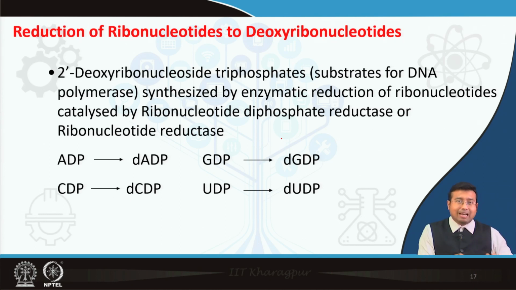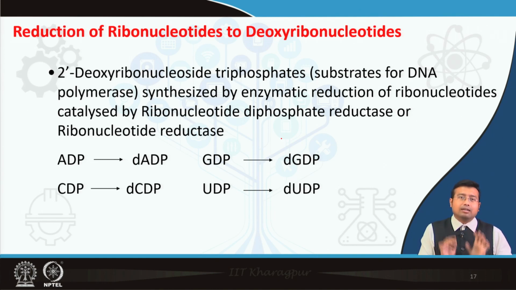Before going any further, we should know something we did not discuss in purine synthesis because the concept is the same. Till now we actually discussed synthesis of ribonucleotides, but for DNA synthesis, we need deoxyribonucleotides. So who does this? Simply by reduction.